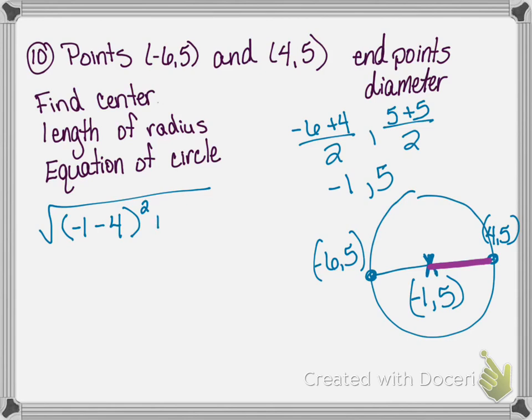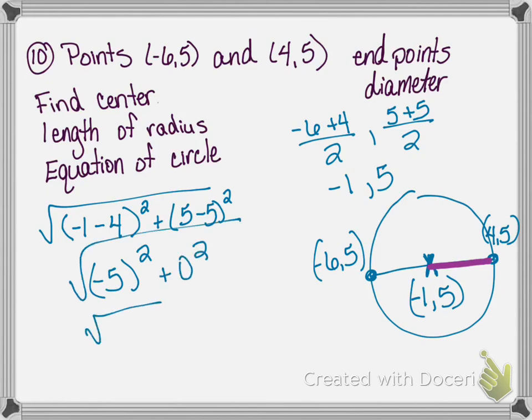Then I'm going to take my y values, which is 5 minus 5, and I'm going to square that. So negative 1 minus 4 is negative 5, and we're going to square it. 5 minus 5 is 0. So I end up with the square root of 25, which is 5.